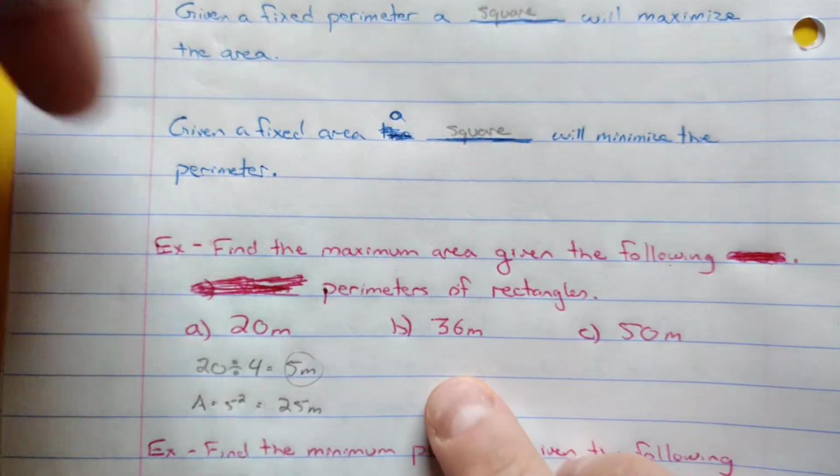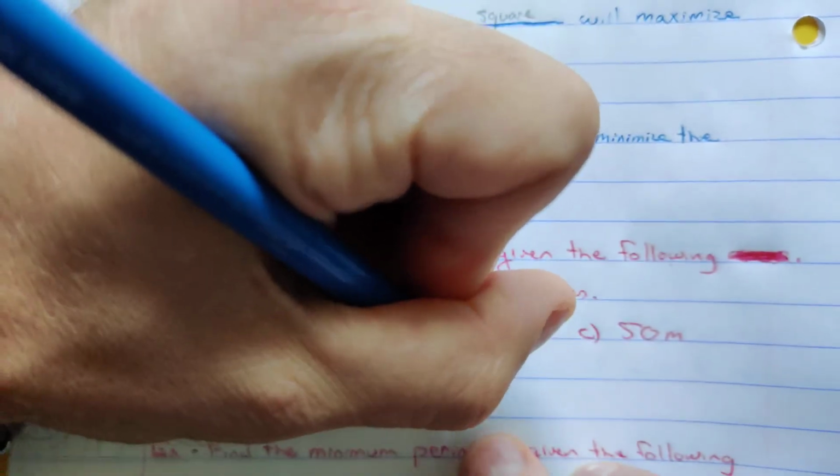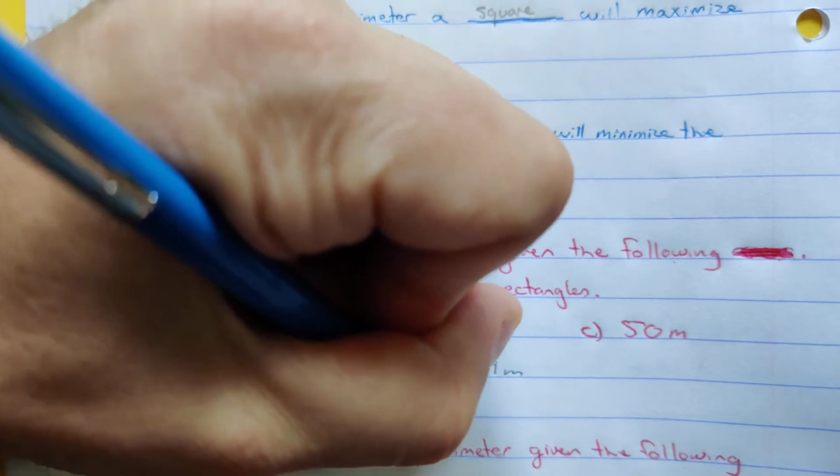Same thing on the next one. 36 meters. We would divide 36 by 4. That's going to equal 9 meters. That'll give us an area of 9 squared, or 81 meters squared.